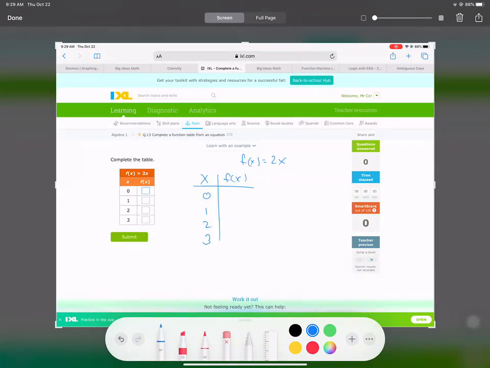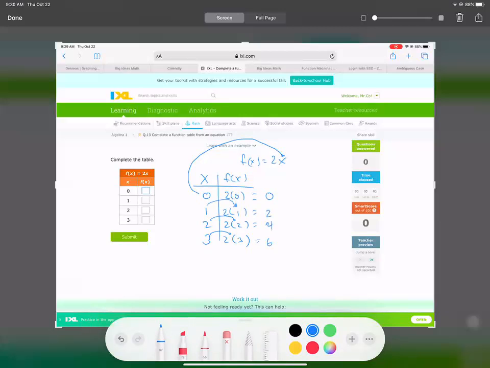So we're going to write 2 parentheses, 2 parentheses, 2 parentheses, 2 parentheses. And if x is 0, we plug in 0 here. If x is 1, plug in 1. X is 2, plug in 2. X is 3, plug in 3. You want to practice this so your brain understands what the relationship is for these functions. In function notation, 2 times 0 is 0, 2 times 1 is 2, 2 times 2 is 4, and then 2 times 3 is 6.